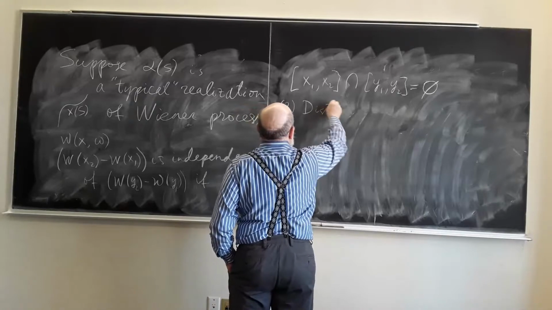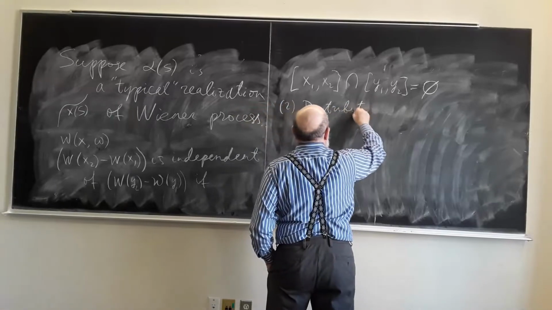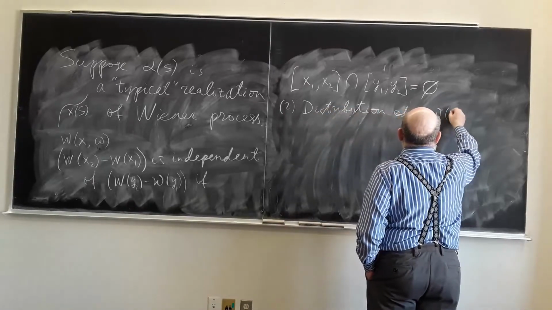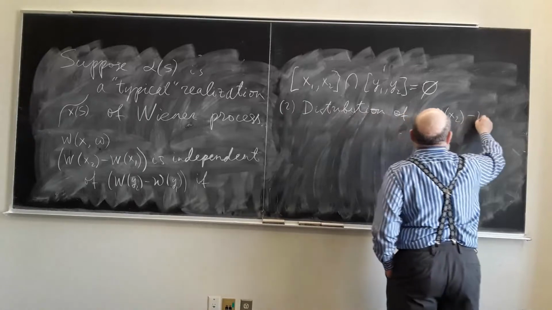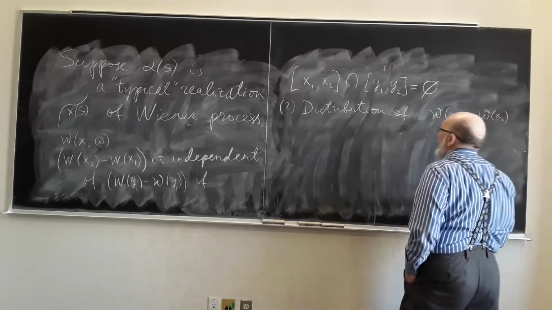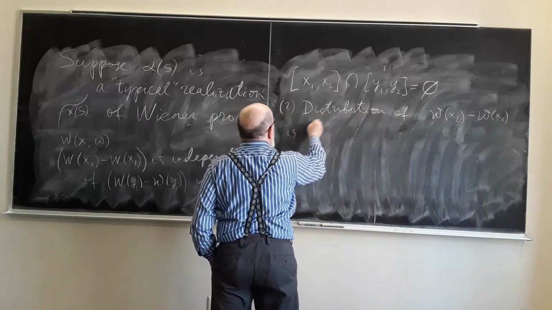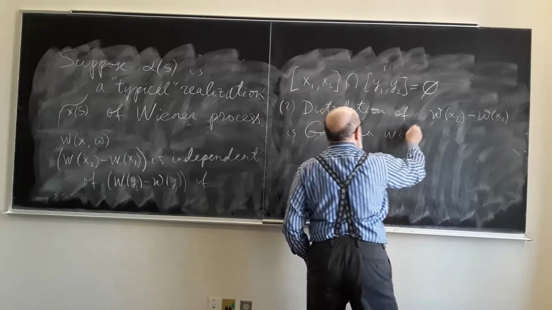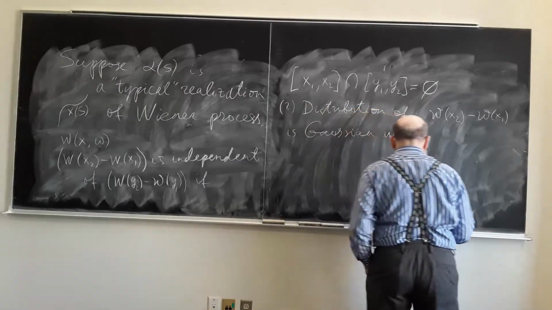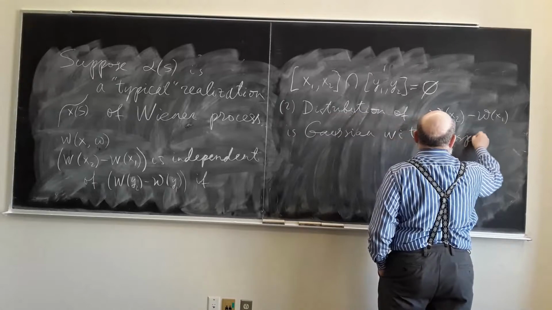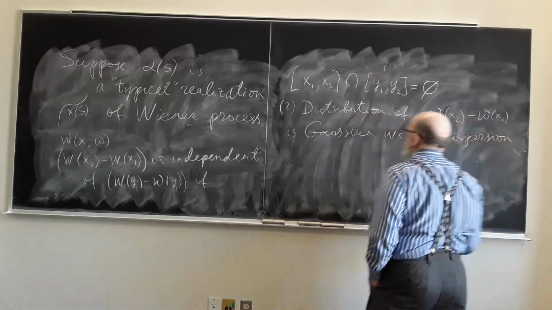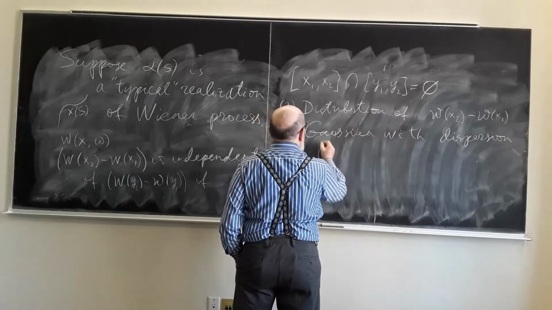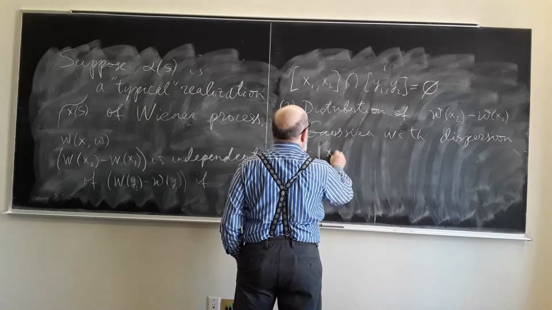distribution of w x2 minus w of x1 is Gaussian with dispersion phi times modulus x2 minus x1.